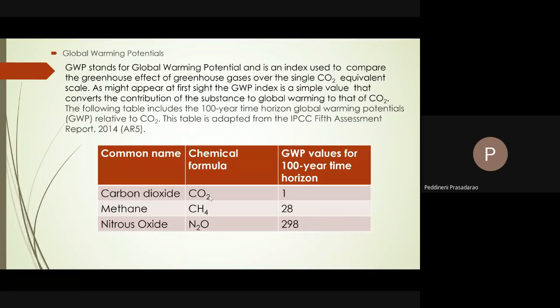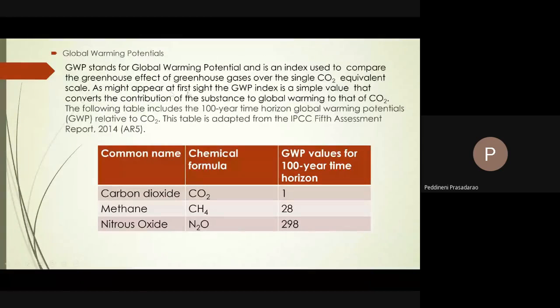How many times? Methane is 28 times more than carbon dioxide. Nitrous oxide is something like 298. SF6 runs in the thousands. So GWP stands for global warming potential and is an index used to compare the greenhouse effect of greenhouse gases over a single CO2 equivalent scale.